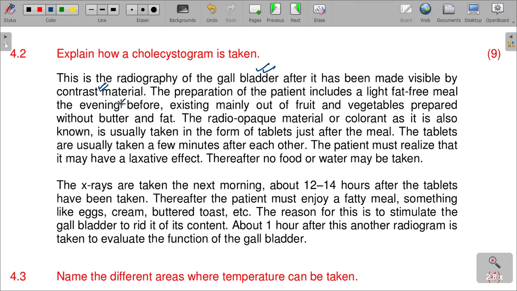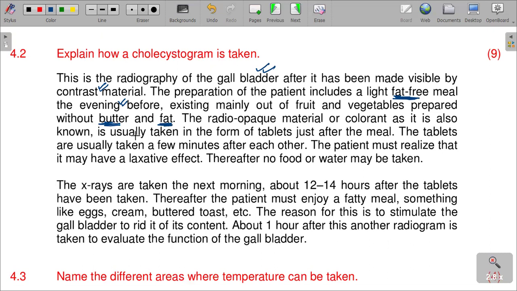The patient must have a light fat-free meal in the evening before, consisting of fruit and vegetables prepared without butter and fat. As we say, it must be a light fat-free meal, hence it must be without butter or fat. The meal must have no butter and fatty food.